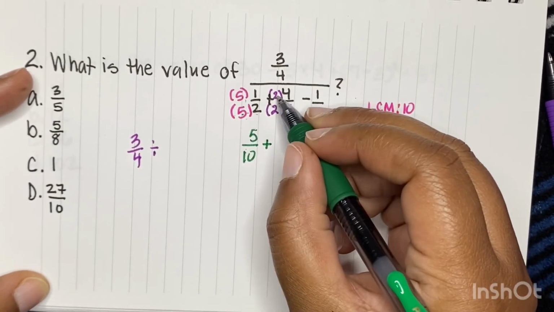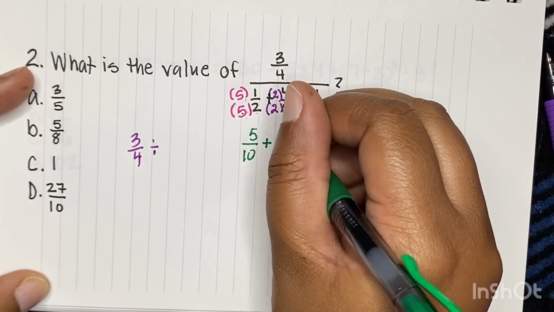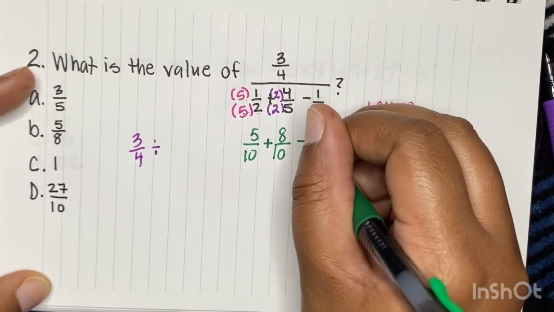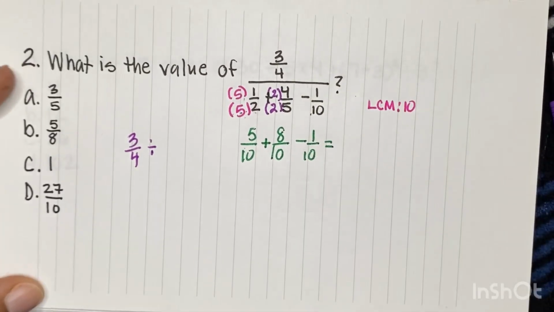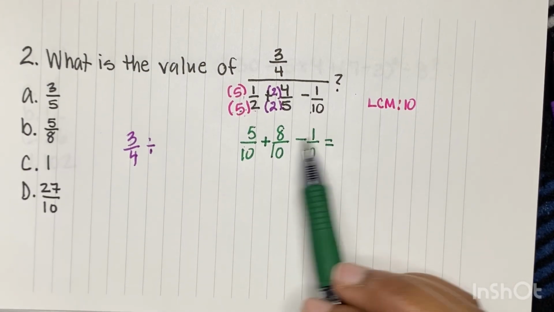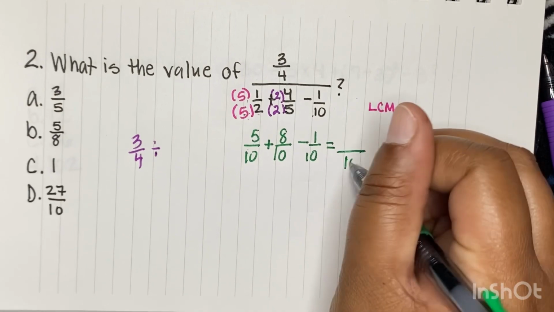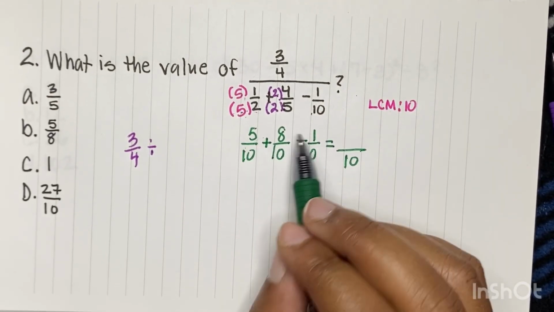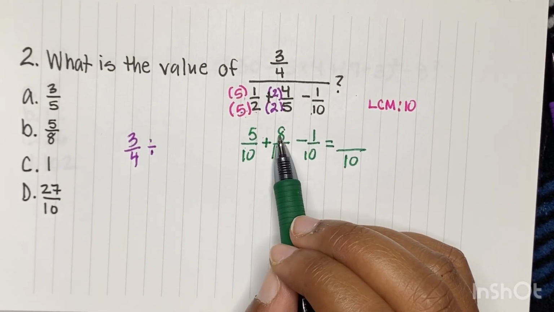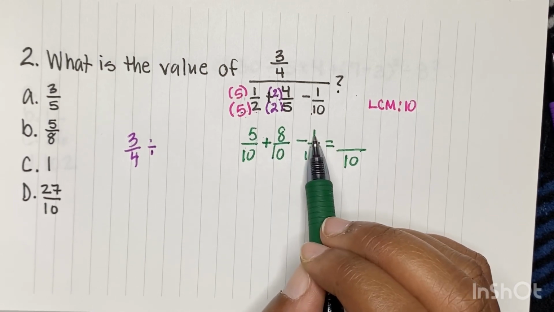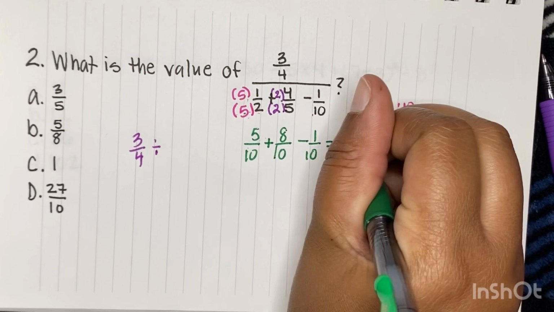Plus 2 times 4 gets us 8. And 2 times 5 gets us 10. Minus the 1/10. Now remember, when you're adding or subtracting fractions, you keep the same denominator and then you just do the math to the top. So 5 plus 8 is going to be 13. 13 minus 1 is going to be 12.